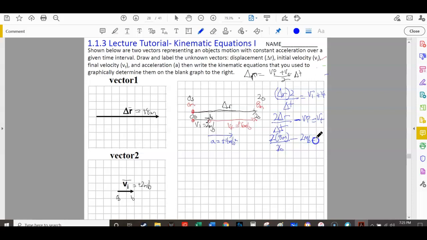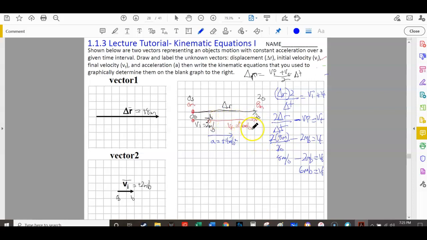So this works out to be 8 meters per second minus 2 meters per second, which is equal to the final velocity: 6 meters per second. Well, that's what we got right here.